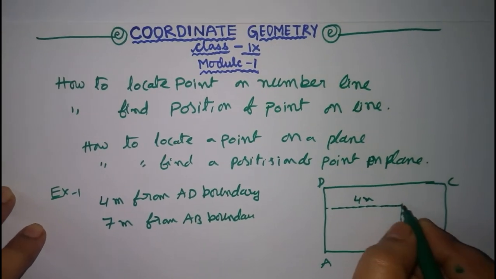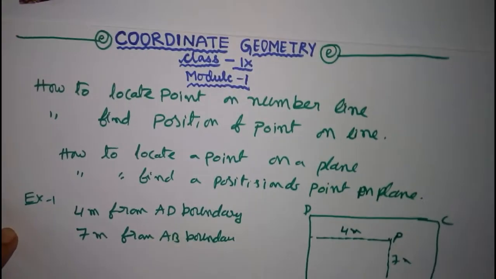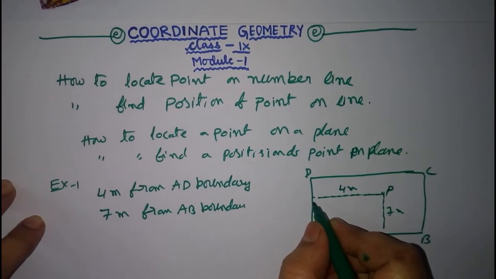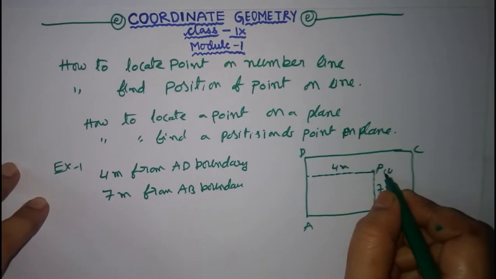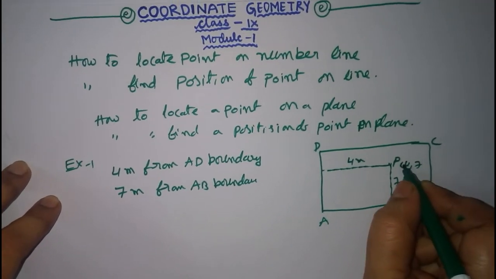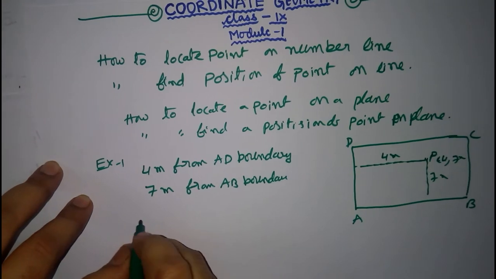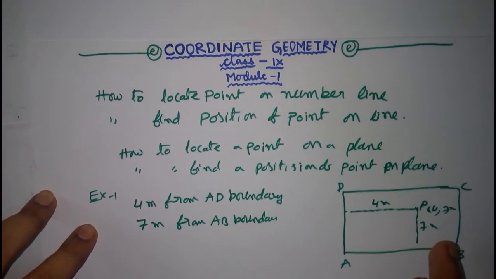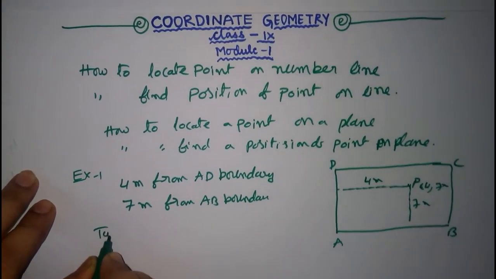That means this is the position of the mango tree P. First you take the horizontal 4 meters and 7 meters vertical. Here we require two pieces of information to locate the mango tree position.